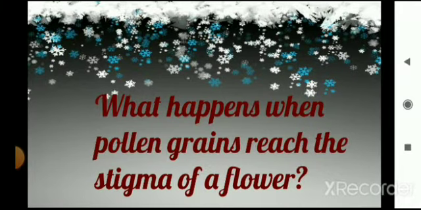Tell me, what happens when pollen grains reach the stigma of a flower? When pollen grains stick on the stigma or land on the stigma, they develop a pollen tube, right? Pollen grains develop a pollen tube that carries male cells down to the ovary through the style.